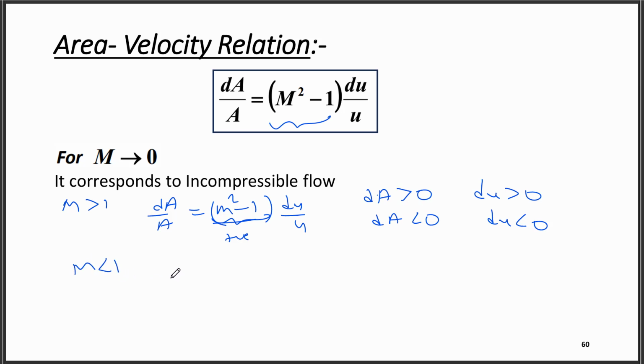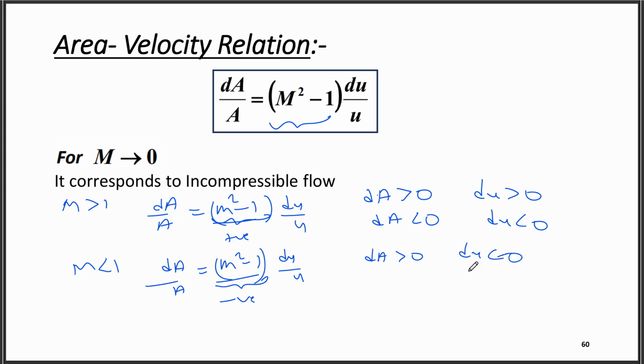Now M is less than 1, and dA upon A equal to M square minus 1 times du upon u. This term is negative for M less than 1. If area is increasing, that is, dA is positive, then du will be negative. If area is decreasing, then du will increase.